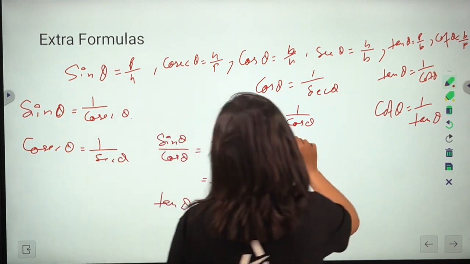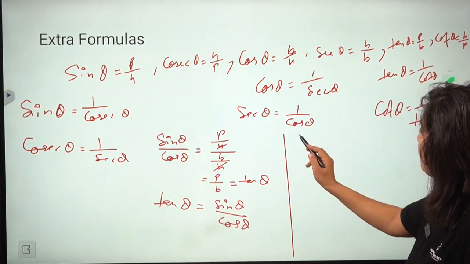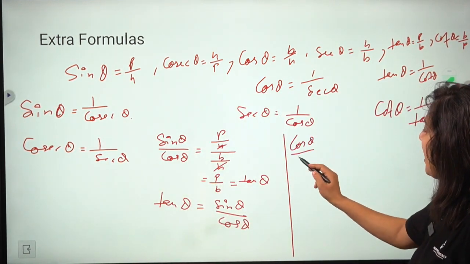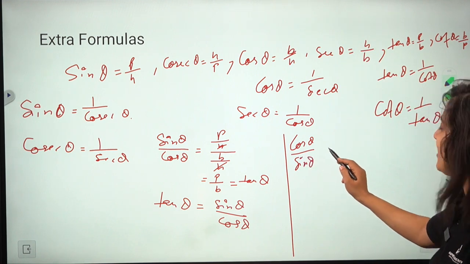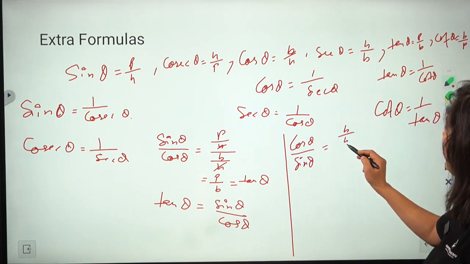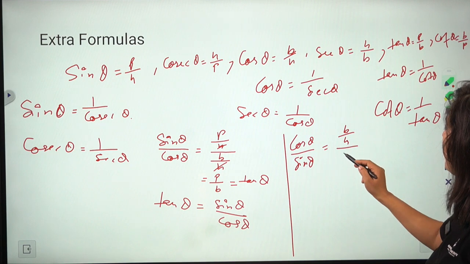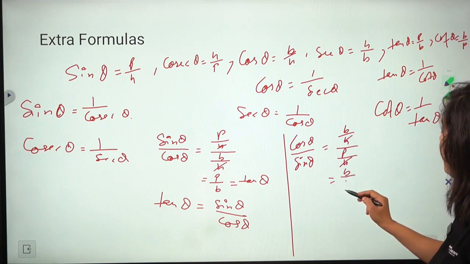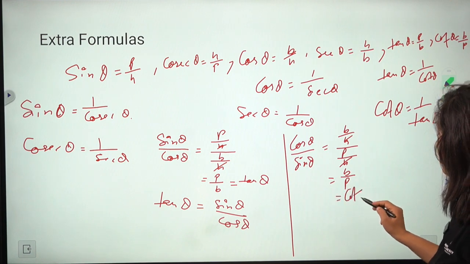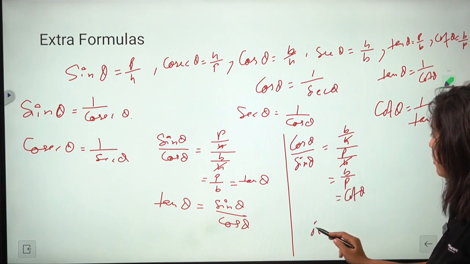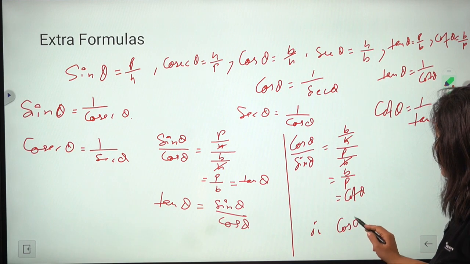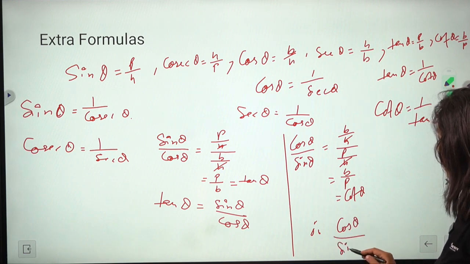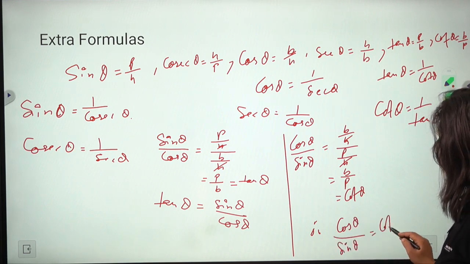Clear? Similarly, cos theta by sin theta is equal to B by H divided by P by H. H will be cancelled, that is B by P, that is cot theta. Therefore, cos theta by sin theta is equal to cot theta.